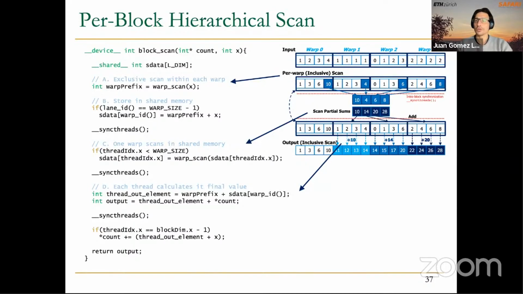Okay, so now we know how to implement a very efficient per block hierarchical scan using warp scan, using shuffle instructions, and synchronizing using sync threads.